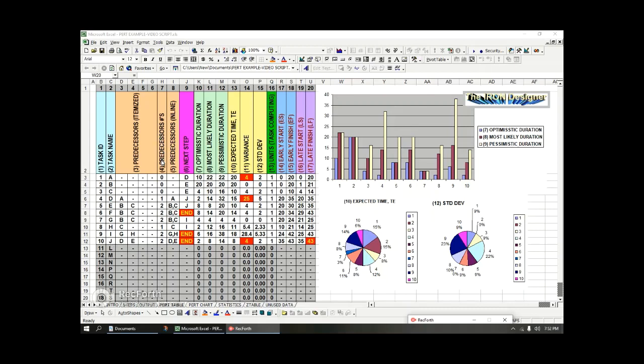So in this column here, all I'm talking about is that these have no predecessors because there's no letters here. This has 1 predecessor. These have 2. This has 1. This has 2. And this has 2.